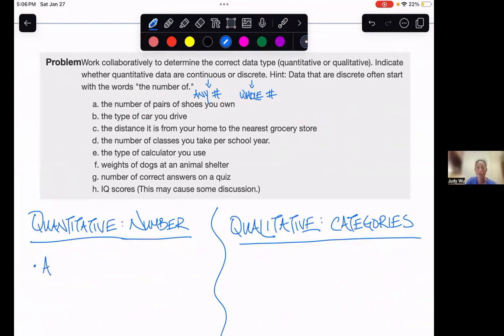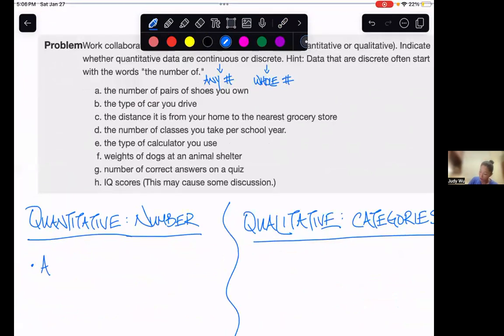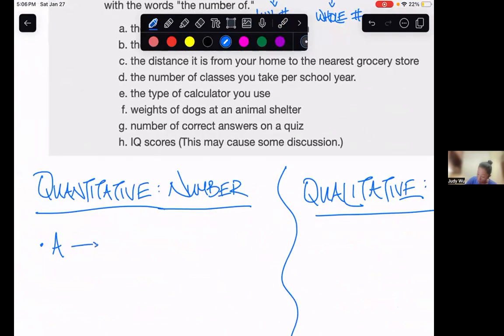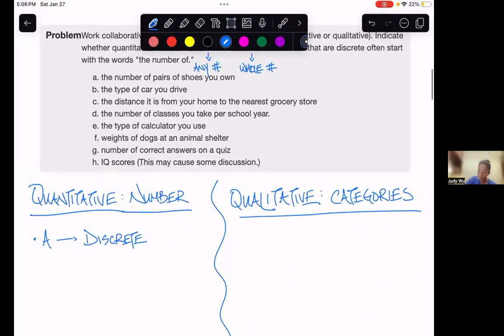I probably have a shocking number of sneakers, so I don't really want to say how many I have, but I have a lot of pairs of shoes. And so when I think about that and I'm counting these, I know that it's going to be a discrete quantitative measure, okay?